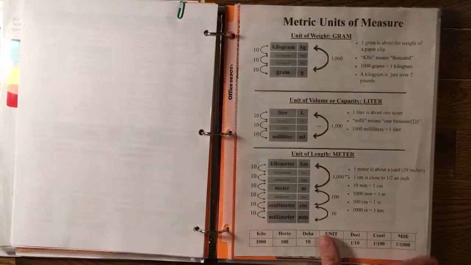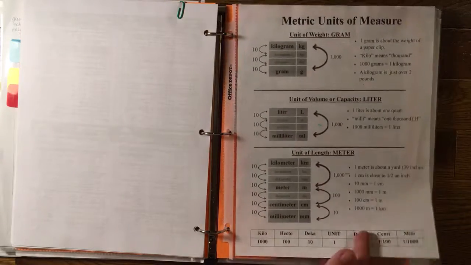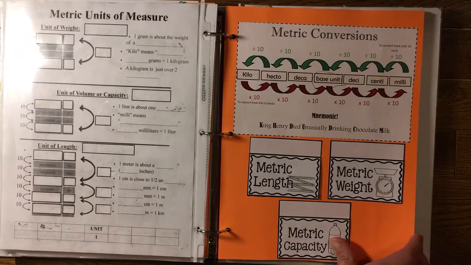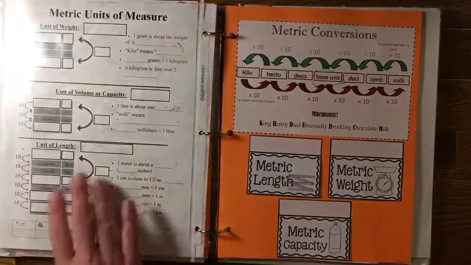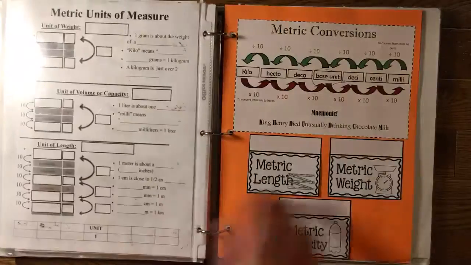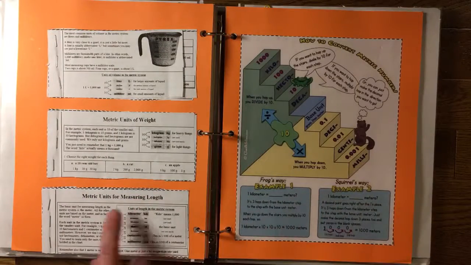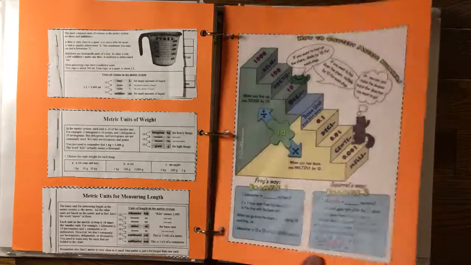We also have a similar setup for metric units of measure. We've got the memory chart that your child should be able to do. I would have them do that every so often just to make sure that it's automatic for them. If they don't know something, of course the information is right there on the chart, but we also have the record of information that we recorded from class, from our Math Mammoth worksheets, and from other visuals that we had.